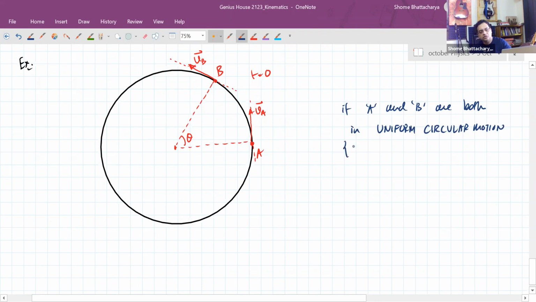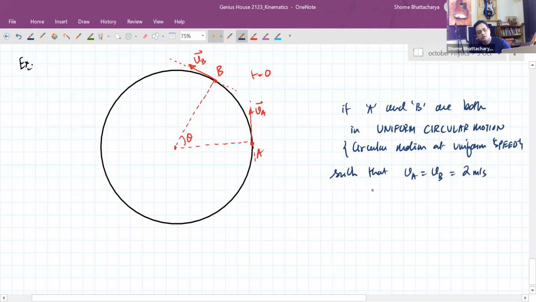So this is circular motion at uniform speed, such that VA is equal to VB, equal to, let us say, 2 meters per second, and theta is equal to pi/3 at t equal to 0.